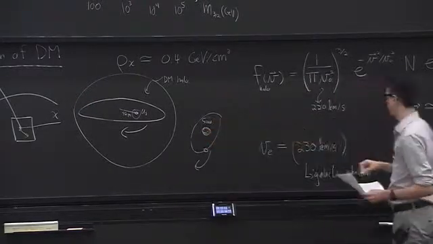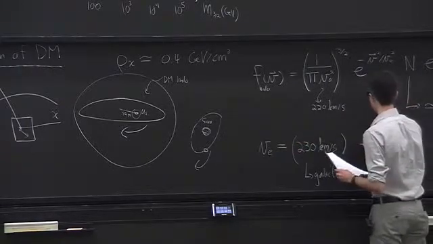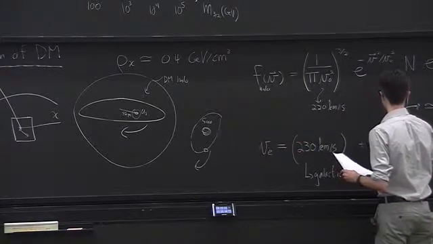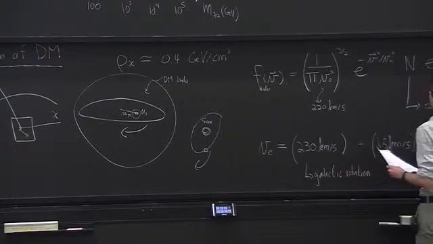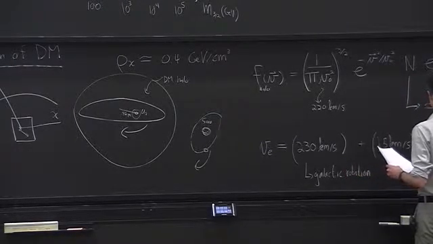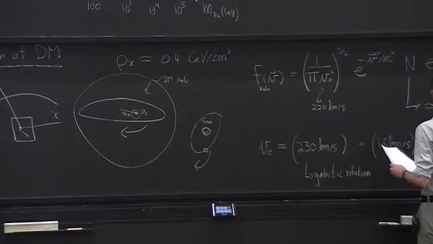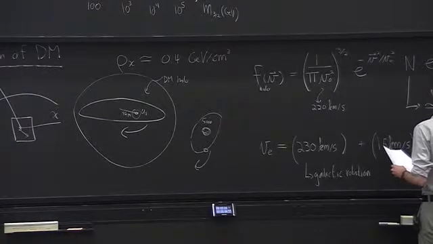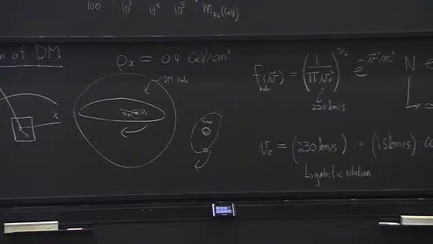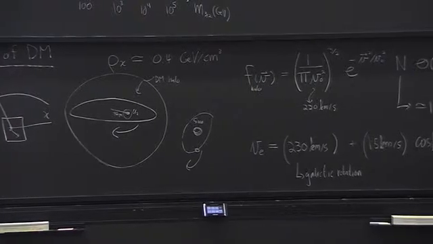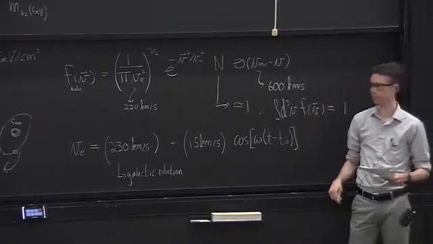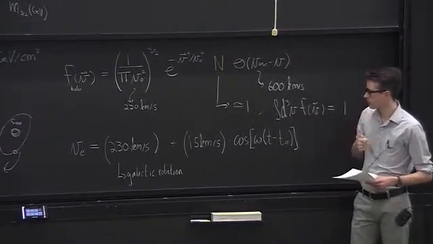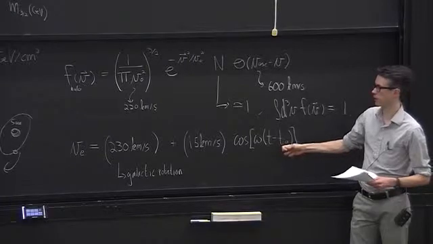And this will change our relative velocity a little bit. The extra velocity of rotation around the sun gives us a factor of roughly 15 kilometers per second times a sine function, where the frequency of this corresponds to 1 year, because that's how long it takes us to go around the sun. Okay, so this is our actual Earth velocity relative to the halo.